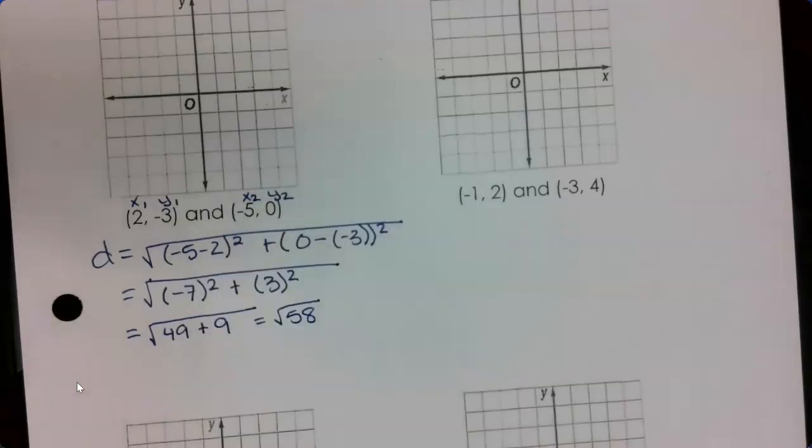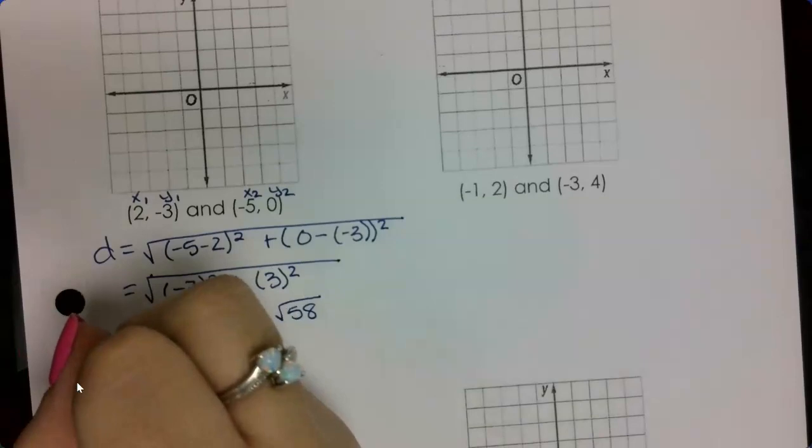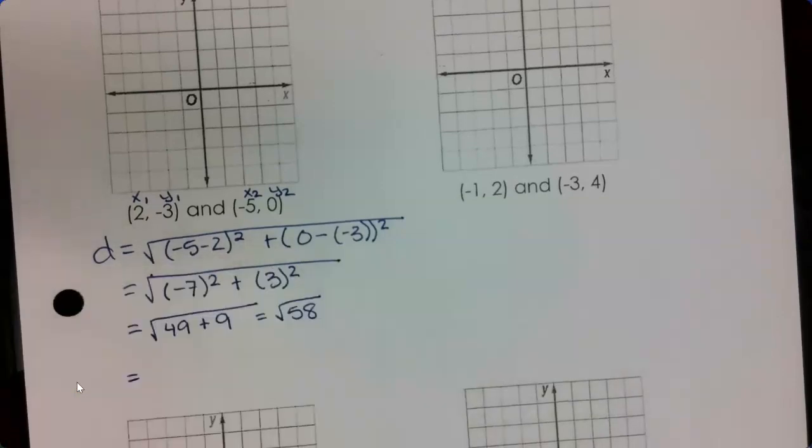Okay, so then using my calculator, what's the square root of 58? Round to 1 decimal place.